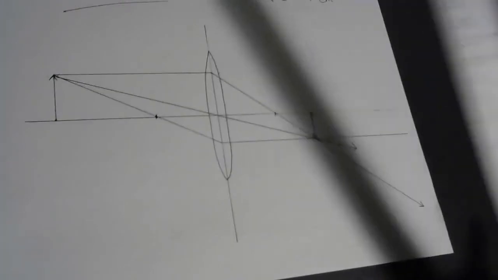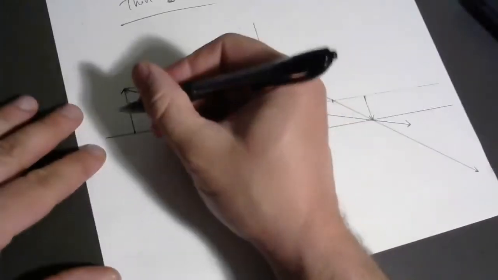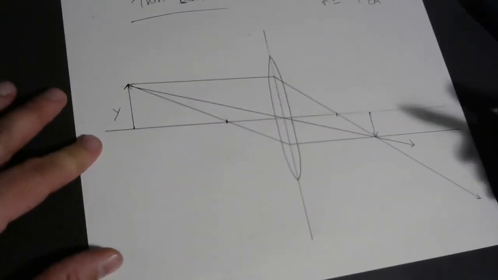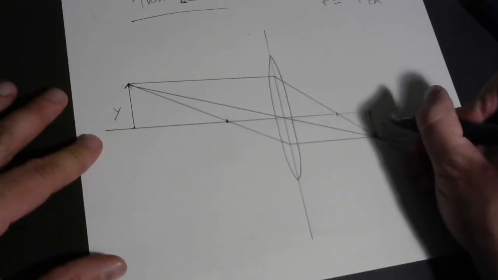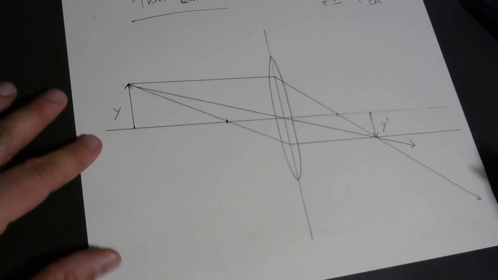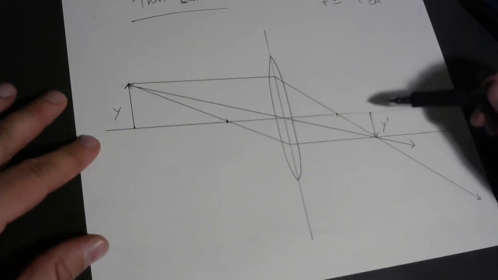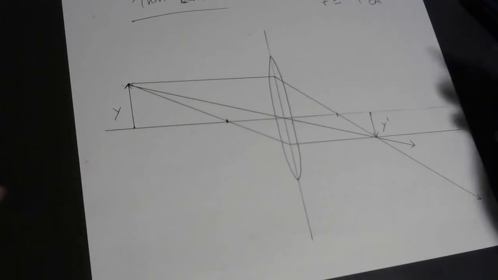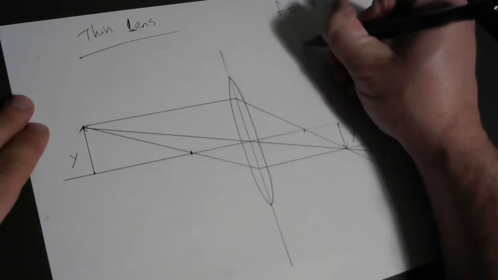Okay, now let's measure some distances here. Usually this will be called y. Y is the object height. Y prime is the image height. If your image is inverted, we consider this to be a negative number. Let me go ahead and write these numbers down.